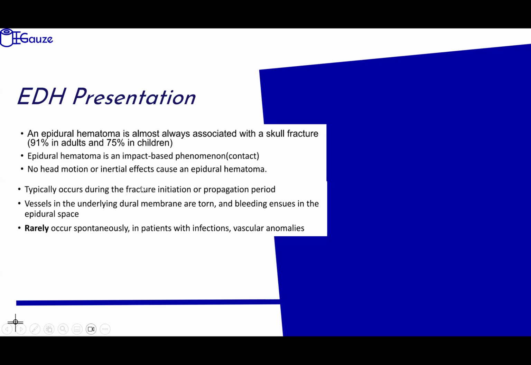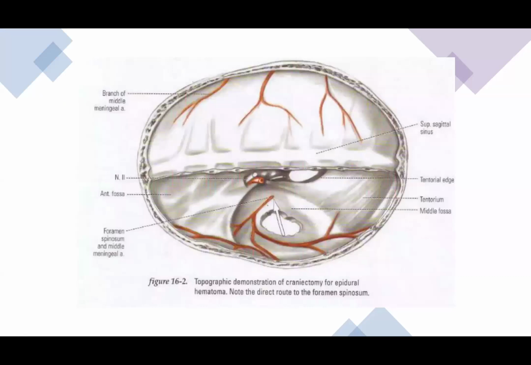Usually it will occur during the fracture initiation or propagation period, and it will be related to the underlying dural membrane being torn along with the underlying vessel, which will fill the epidural space. In very rare situations, it can occur spontaneously in patients with underlying vascular anomalies or infection. So the common artery to be injured in epidural hematoma is the meningeal artery.